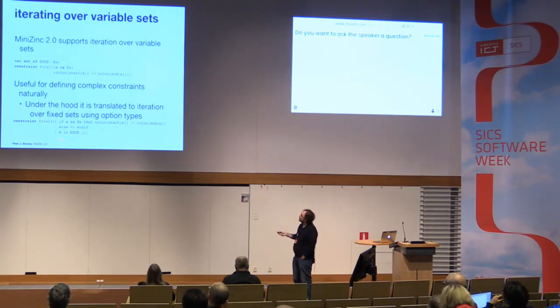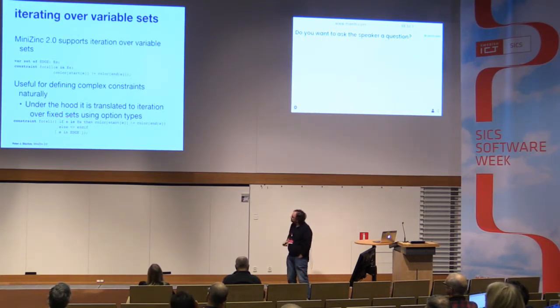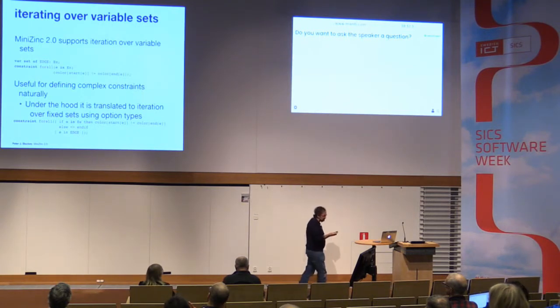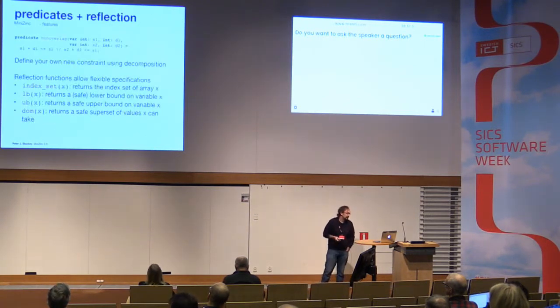Under the hood, it's actually being converted into an if-then-else, where we're giving this bottom or top value. We're iterating over all possible values for this edge set and only actually collecting a real constraint for when we're in the set selected by the solver. So this allows us to build very complicated constraints in a very natural way.